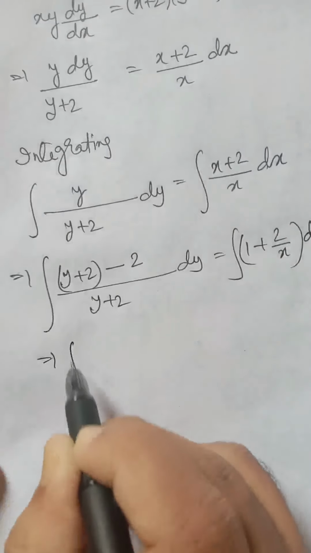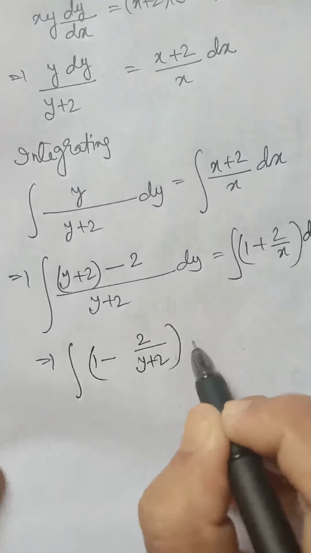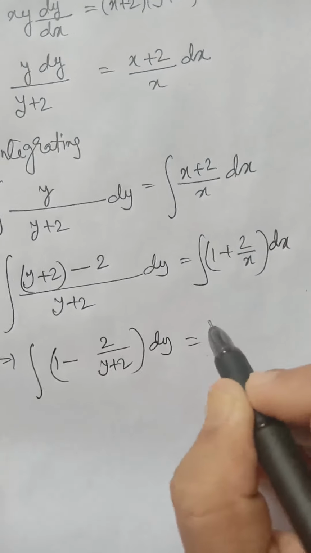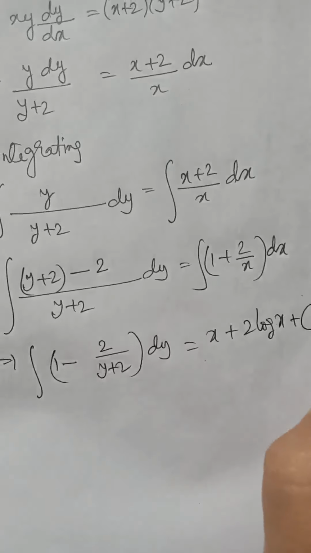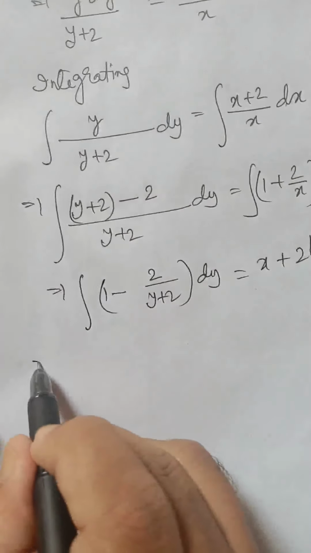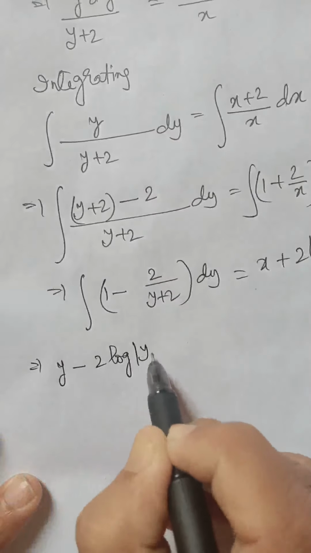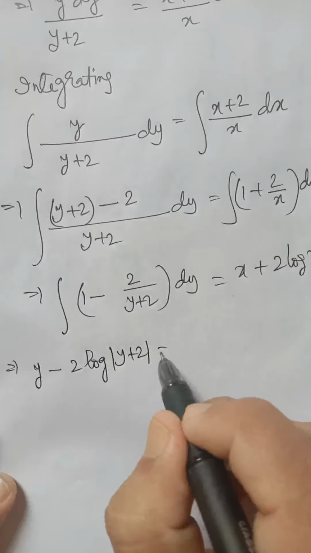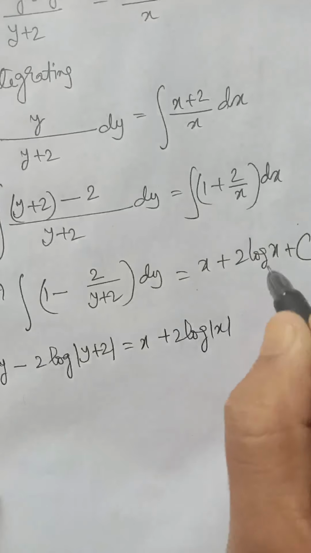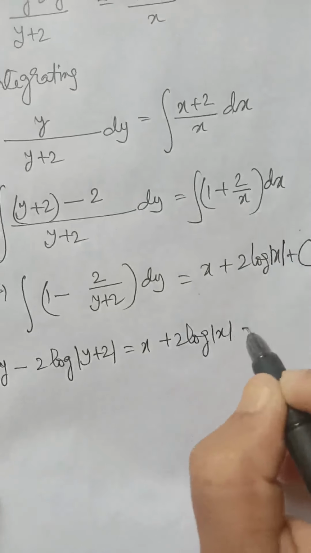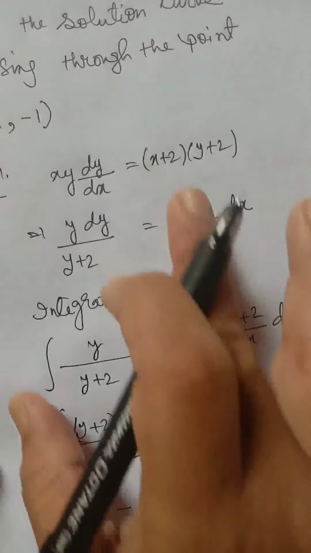So (1 - 2/(y + 2)) dy equals the integration of 1, which is x, plus the integration of 2/x, which is 2 log x. Let me write the constant here, plus c. So this will be y - 2 log(y + 2) = x + 2 log x + c. So this is the general solution. This is the general equation of the curve.